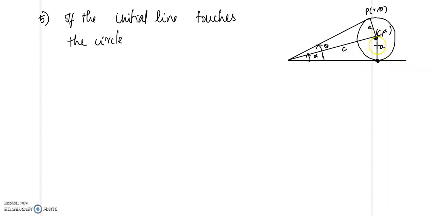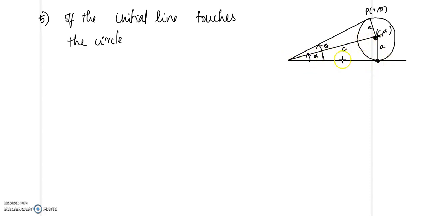Now, the tangent at a point and the radius at that point will intersect at a right angle.